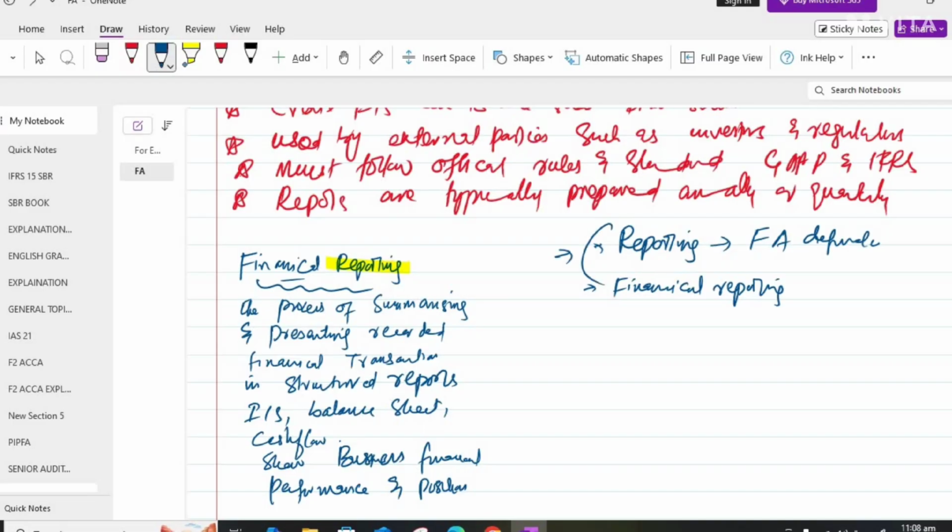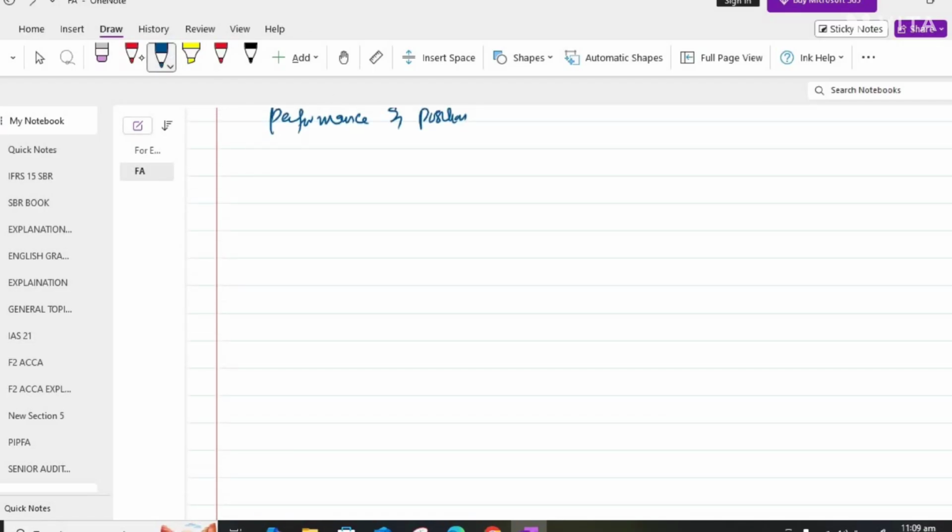If you look from the broader perspective, then these two terms are the same and they are used interchangeably. But there are slight differences between these two. First, I will explain this one, and after that, I will explain the financial reporting. Clear? So this is the reporting that we have studied in the financial accounting definition.